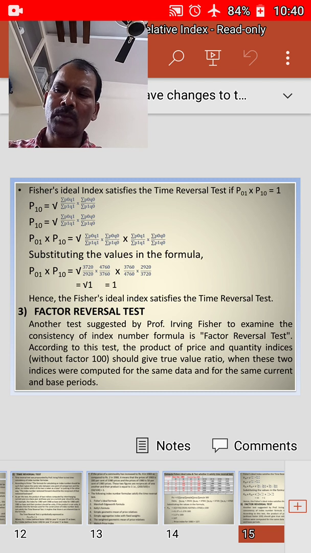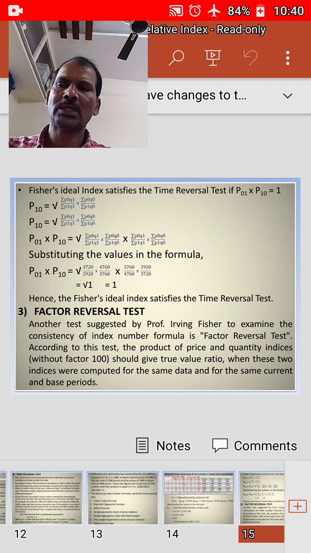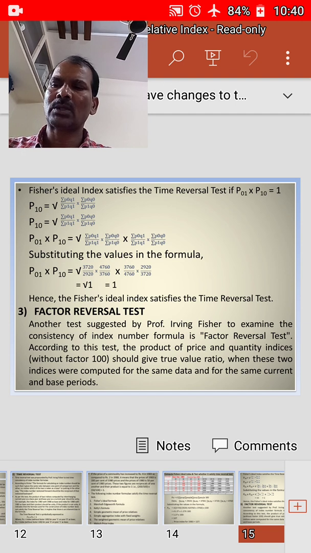According to Professor Fisher, just as our formula should permit the interchange of the two times without giving inconsistent results, so it ought to permit interchanging the prices and quantities without giving inconsistent results. That is, the two results multiplied together should give the true value ratio. In other words, the change in the prices multiplied by the change in the quantity should give us the total change in the value, that is true value.